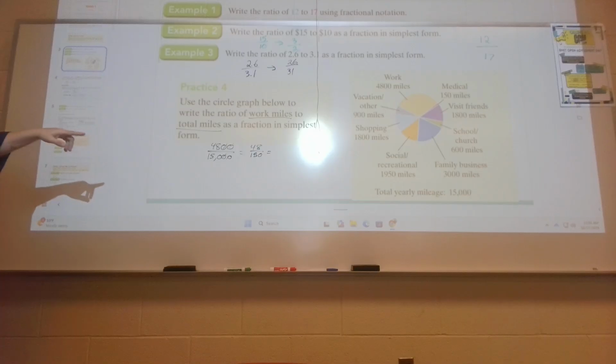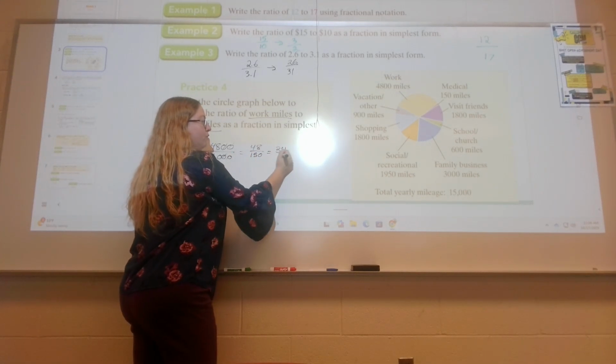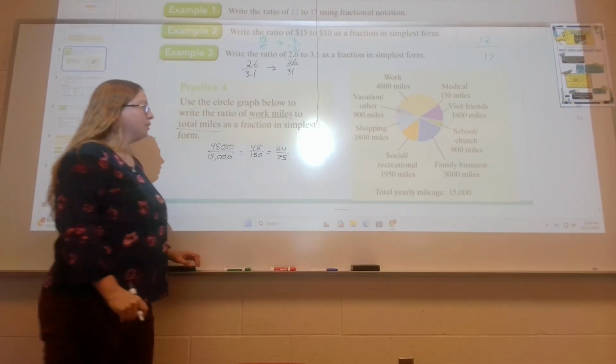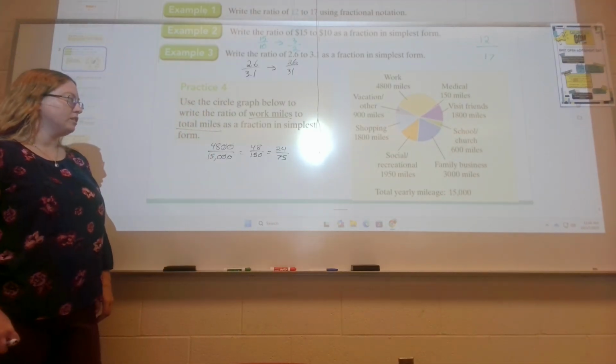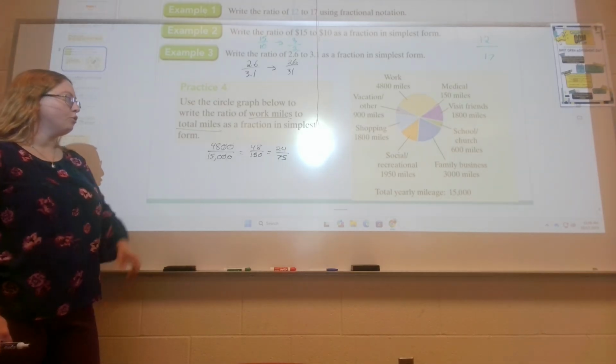All right, 48 over 150, they're both divisible by what? At least 2. So let's at least start with 2. Dividing by 2 gives me 24 over 75. Let's see, 24 is divisible by 2, but 75 isn't, so that's not going to work. 3. Oh, 3 will work.